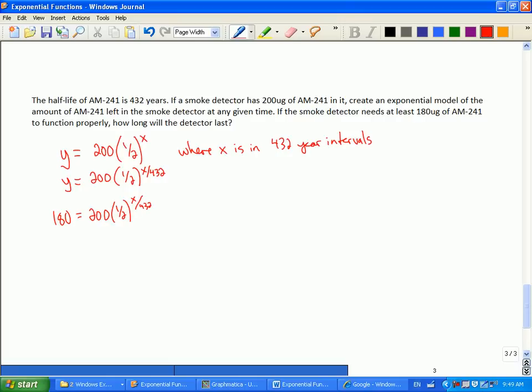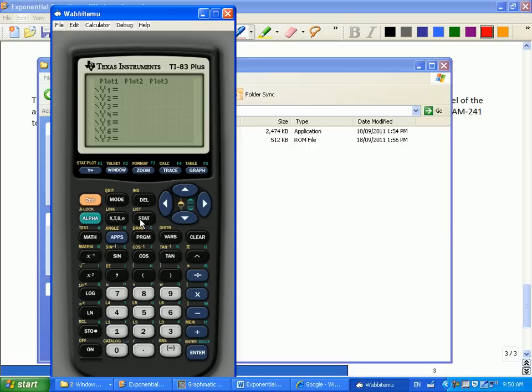Now the good news for you is we have graphing calculators, so let's put them to work. Okay, so the model that we had was 200 times the half-life to the, we said x over 432. And it was 180 that I'm looking for it to intersect, 180 micrograms.